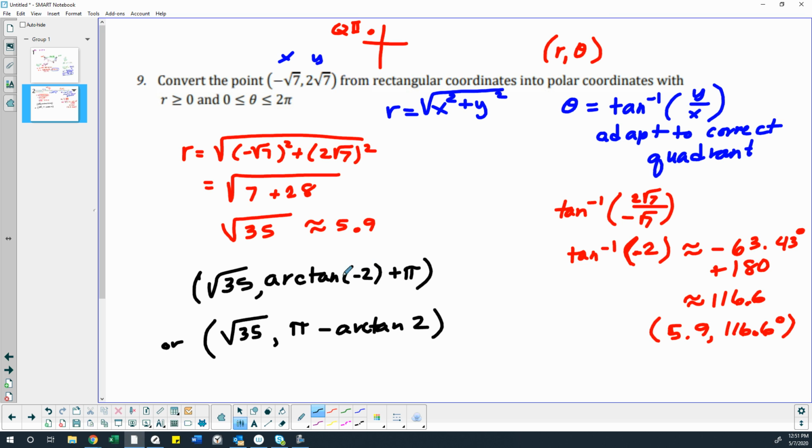That means the arctangent of a negative value is the same as the negative of the arctangent of a positive value, because it's an odd function. So this answer is correct, but so is this answer.